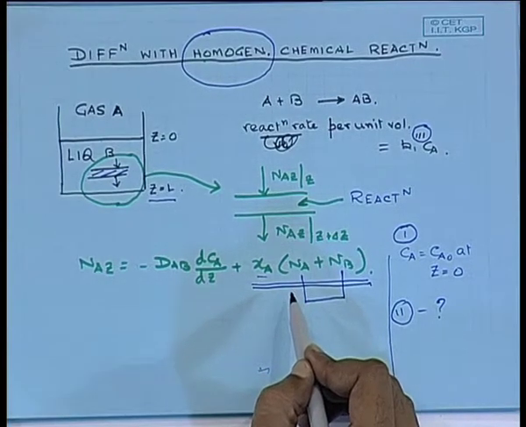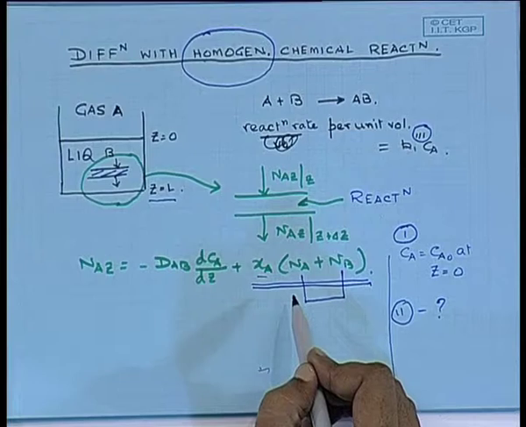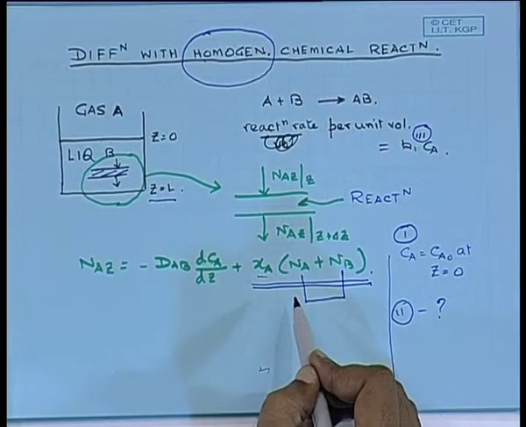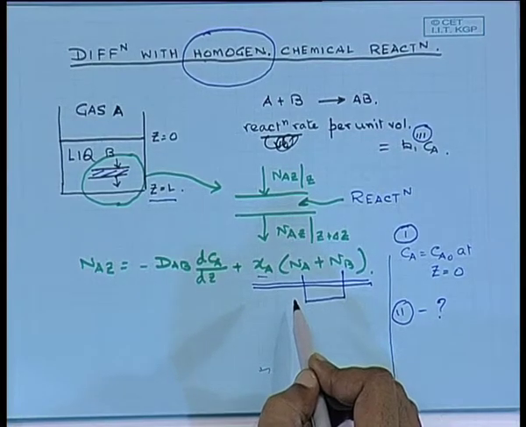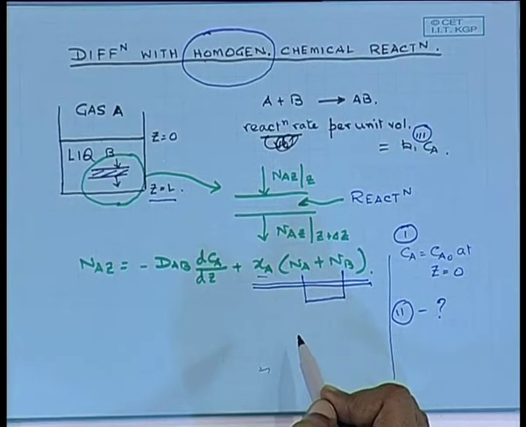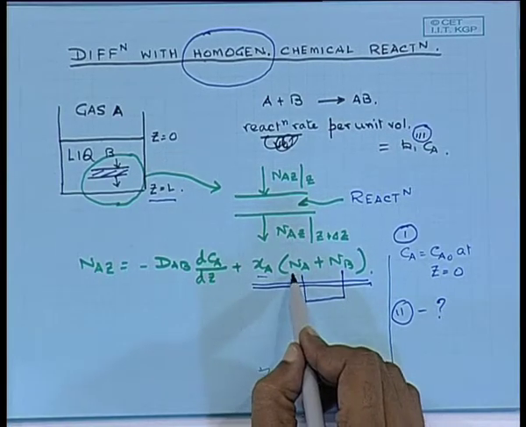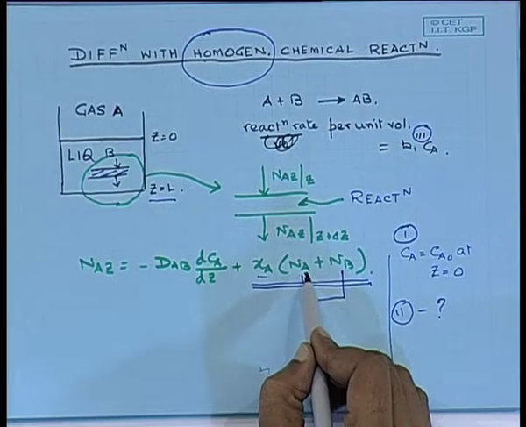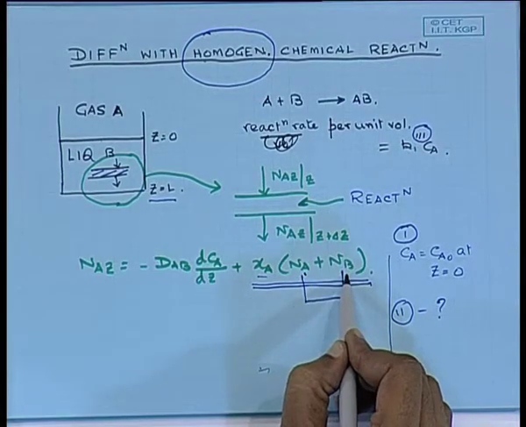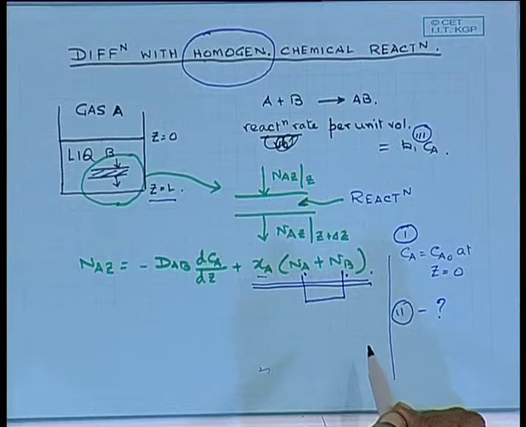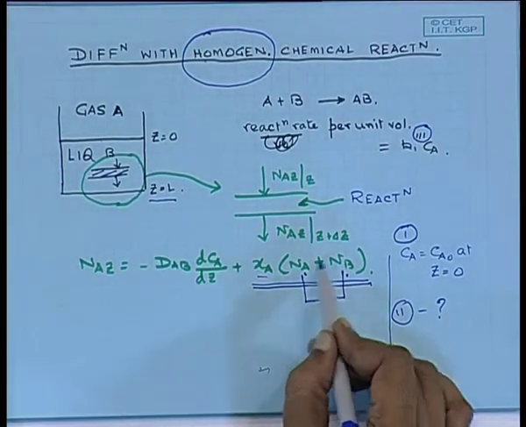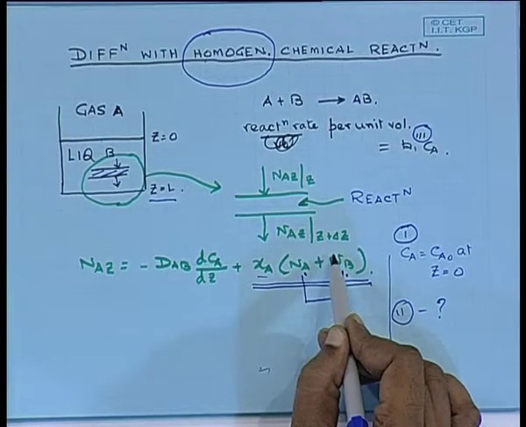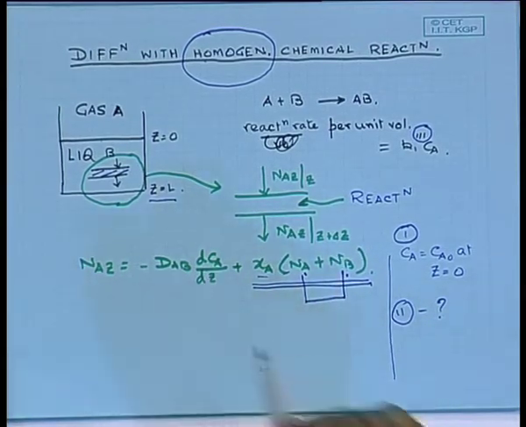impose any bulk flow. The first problem that we have analyzed was a liquid rapidly evaporating, and the vapor that is formed is diffusing through the tube. In that case, the rapid motion of A molecules will induce a motion in the B molecules as well. If that is not the case, if it is a very slow diffusion case, then the significance of this term would be small compared to this term.